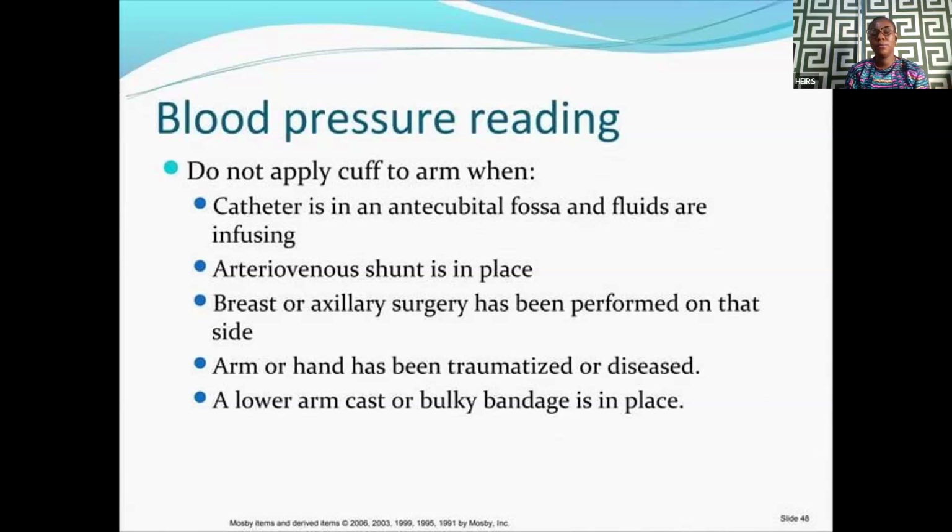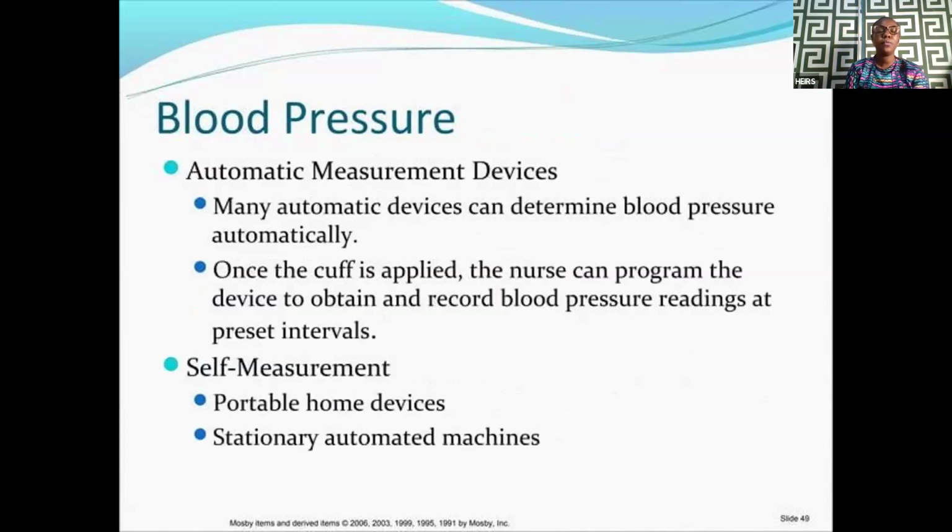Use the second side. Or a patient who had a fracture, a wound, a burn, or a disease on one arm, that arm would also not be used. It has to be the other one. Or someone who has a POP, a cast, or a bulky bandage because there's a wound that is dressed on one hand. You can't use that hand for blood pressure reading. It has to be the second one.